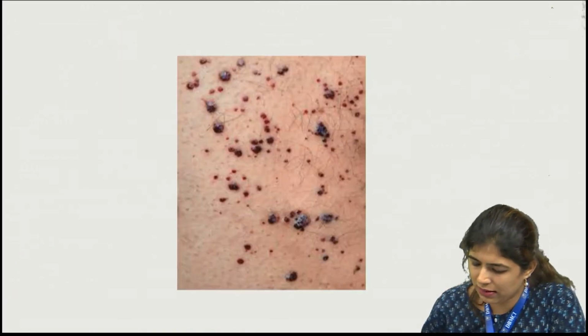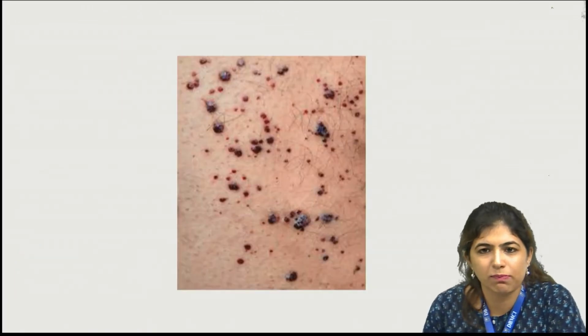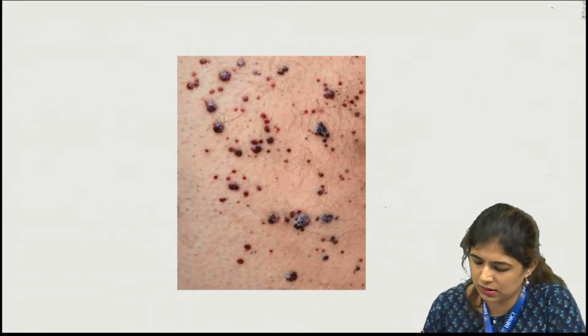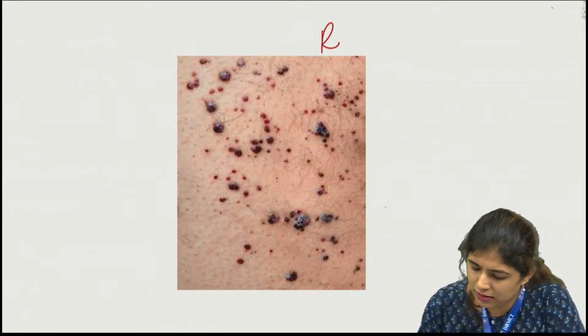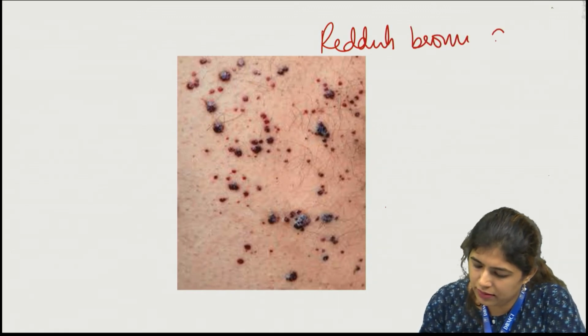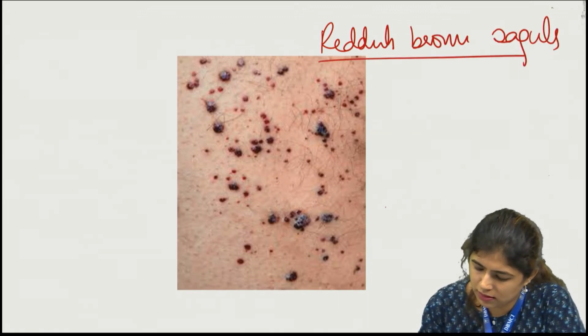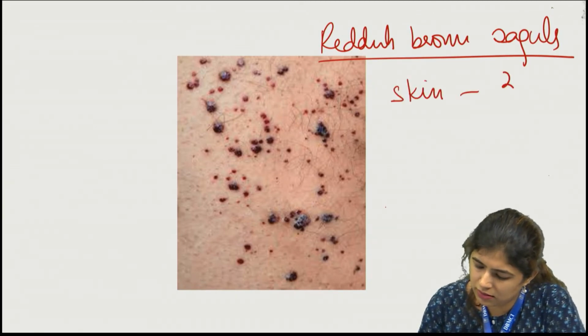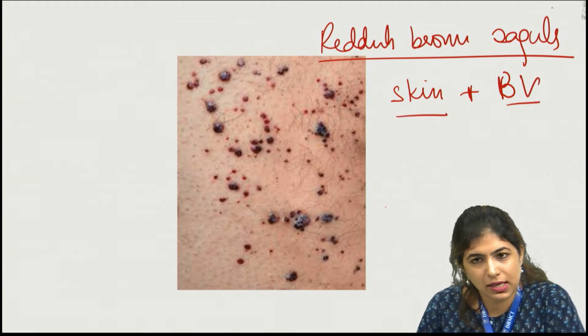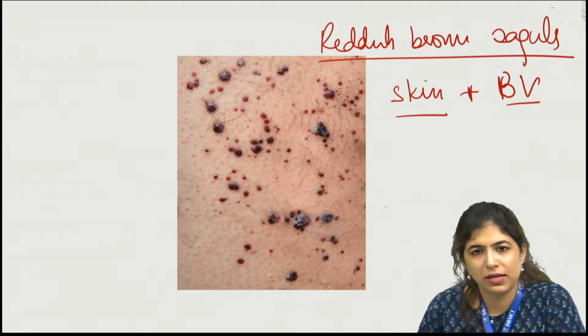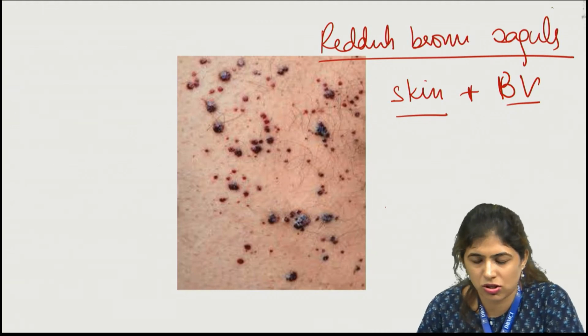If I show you the image clearly, the close-up will look something like this. These are actually reddish brown papules. They have a skin plus a blood vessel component. The skin is thickened, capillaries within it are enlarged.